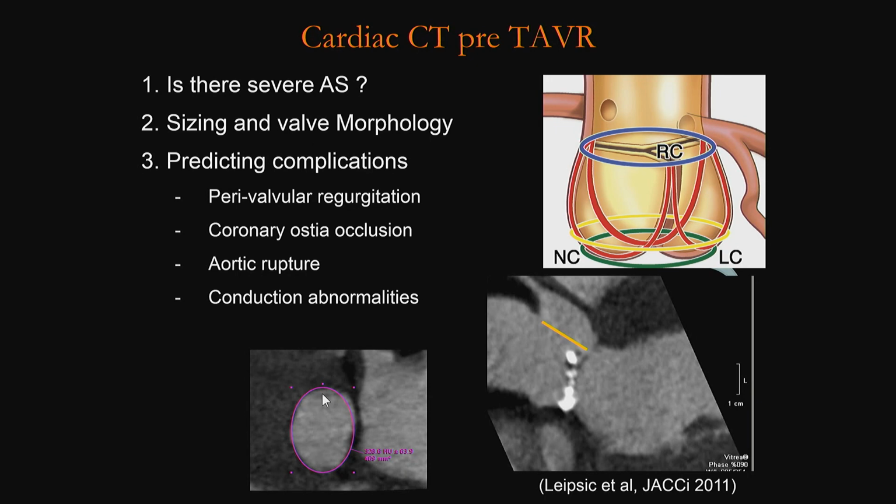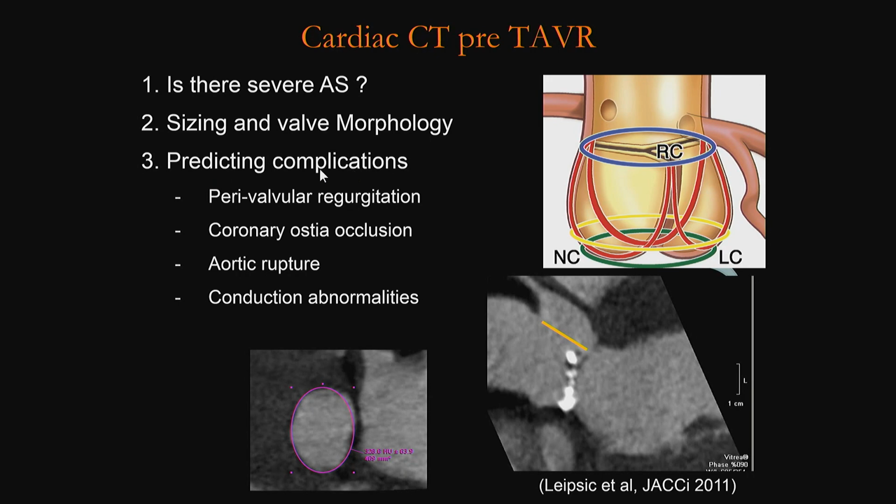Specifically, cardiac CT provides measurements of the basal ring or LVOT annulus that we can see here. And an important limitation of other techniques is that this basal ring is actually oval in shape, it's not round.